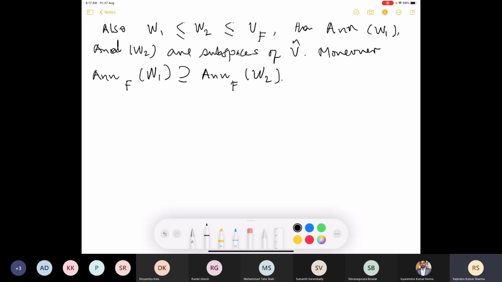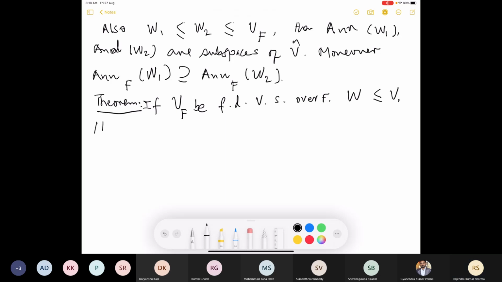We also would like to prove the following theorem. Let us take that V is a finite dimensional vector space over F, and W is a subspace of V. Then what happens is about W hat. This is a vector space and is a subspace of V hat.